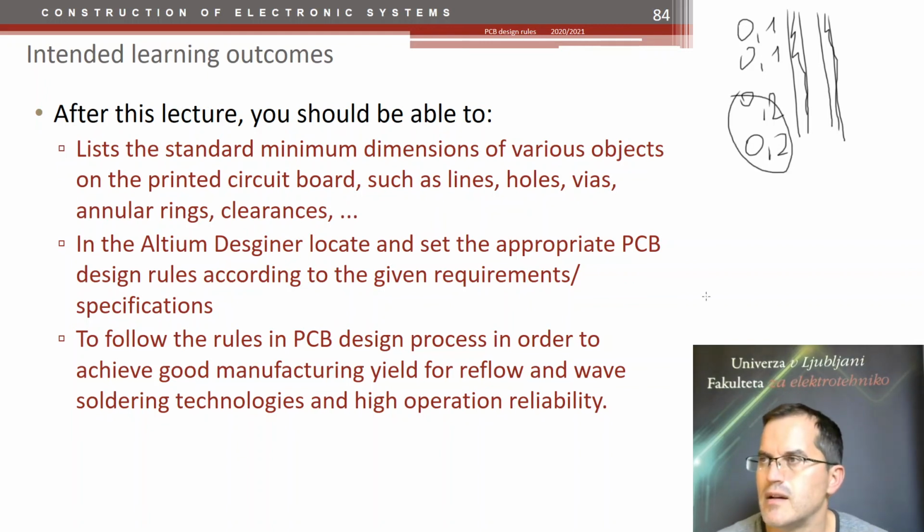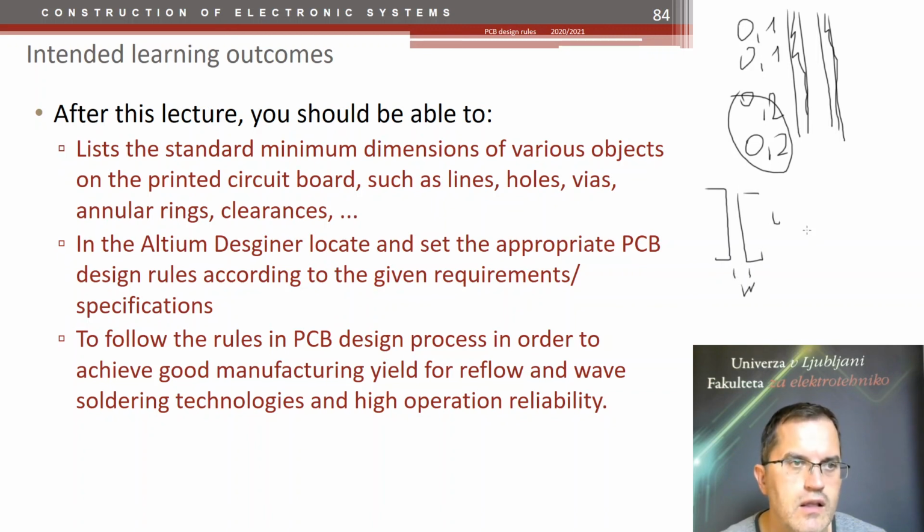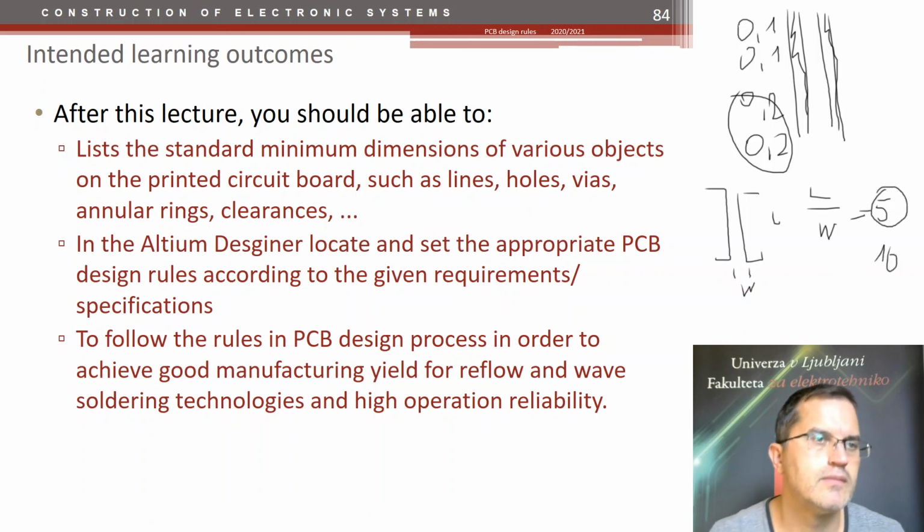And then hole sizes. The ratio between the height and the width of the hole should be in the range of 5. If you want to go to the edge, go to 10, but 5 is preferable.